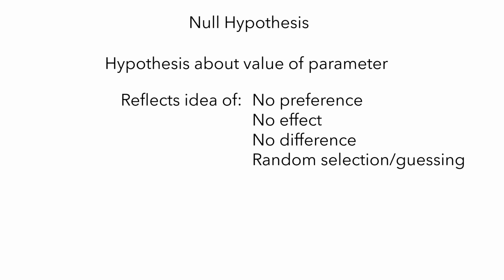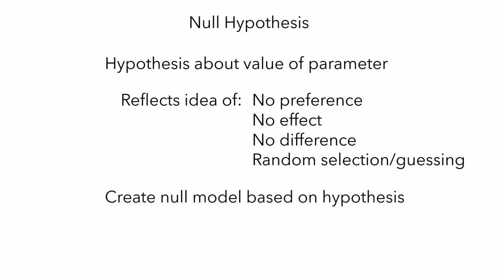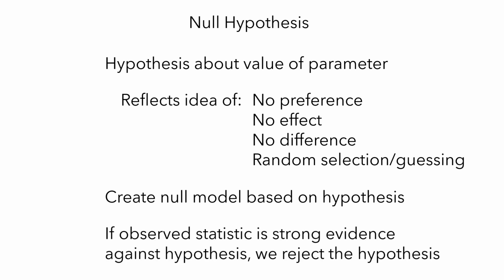After specifying a null hypothesis, we create a null model based on the hypothesis, and we use this model to create a sampling distribution. Then, using the sampling distribution, if the observed statistic is strong evidence against the null hypothesis, then we can reject that null hypothesis. So in this way, creating and testing null hypotheses are one important tool in making statistical inferences.